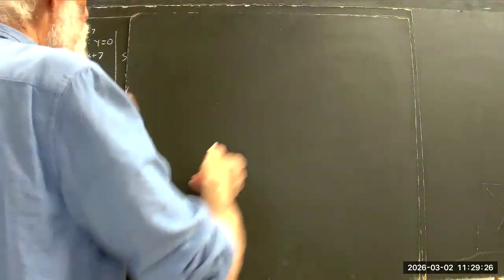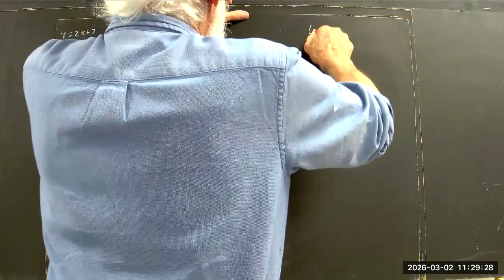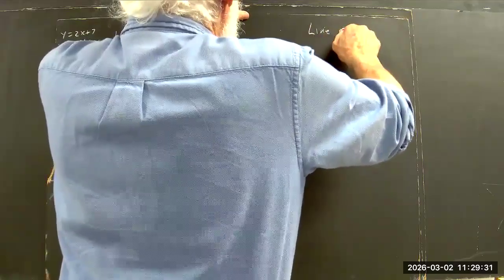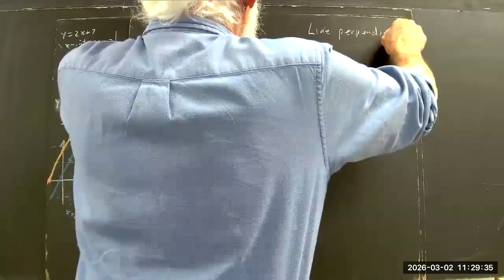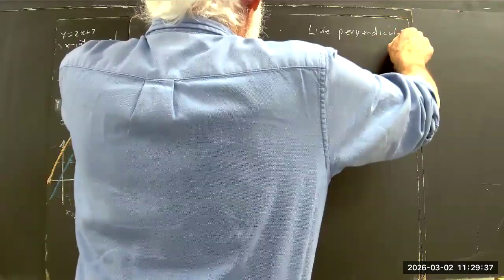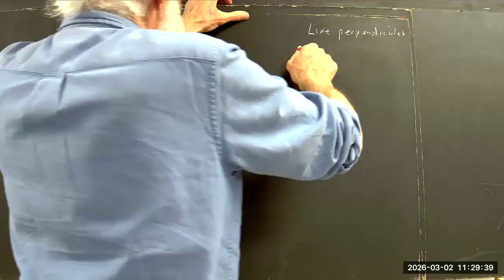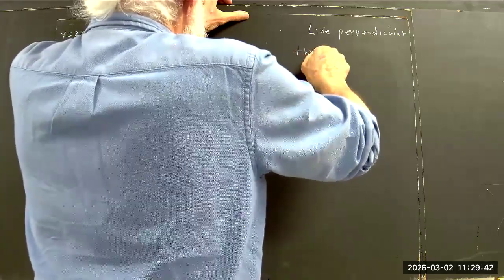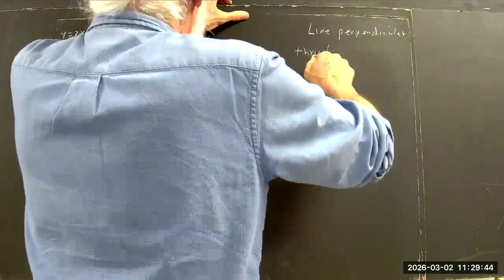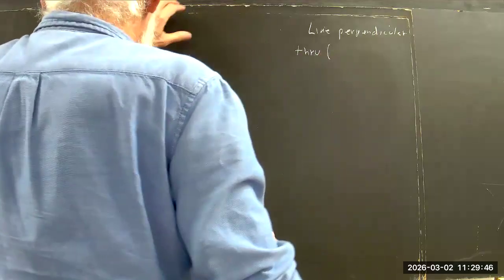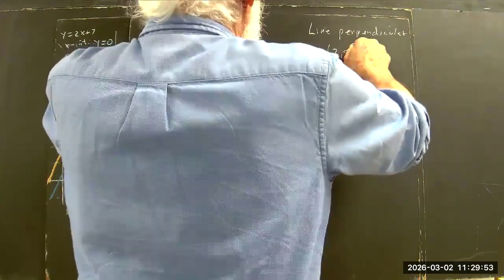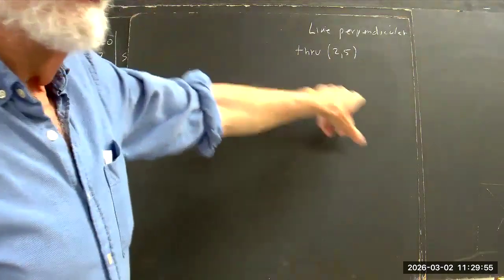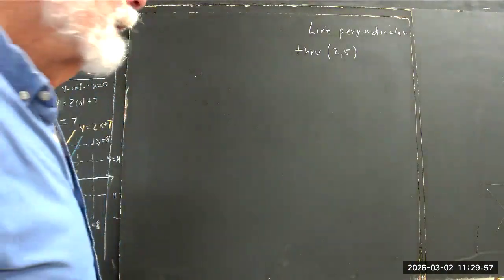So I can now say that the line perpendicular through the point (2,5), I think it was. I want to make sure, it's kind of critical to get that right. Okay. Line through the point (2,5).